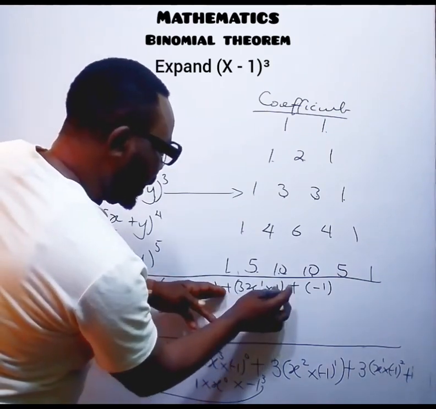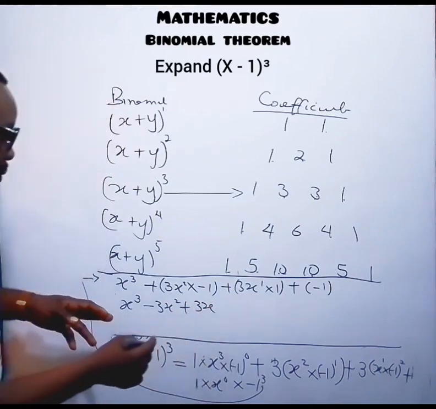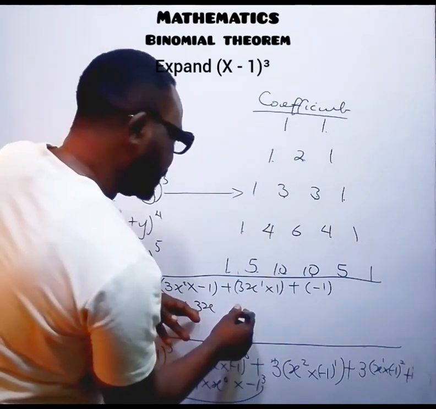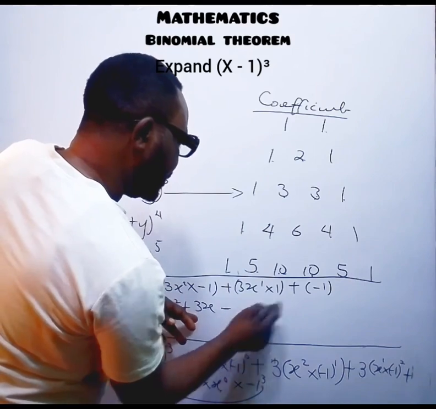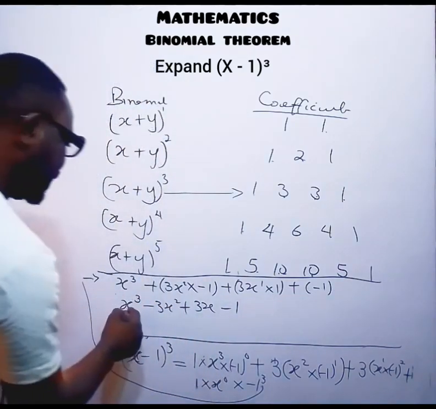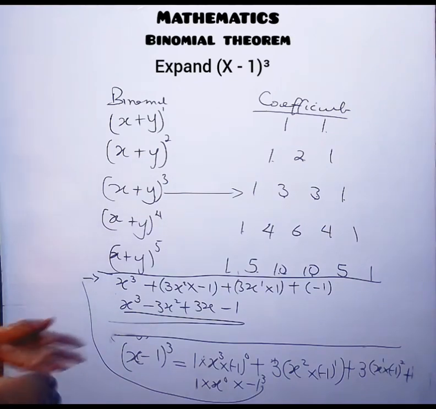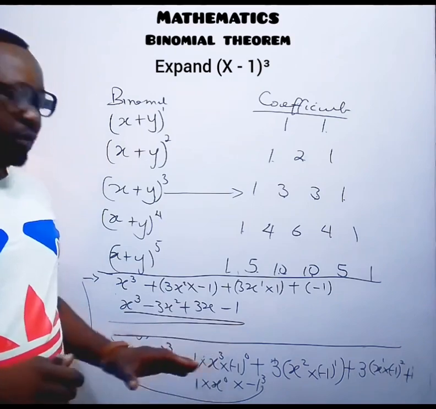This is 3x plus 3x, minus times plus is minus 1. So we are having the answer to be x cubed minus 3x squared plus 3x minus 1. That is the answer to this kind of a question.